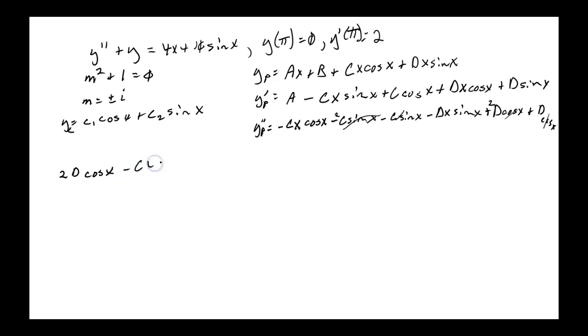Minus cx cosine x minus dx sine x, and then we had minus 2c sine x, because those two went to 1.